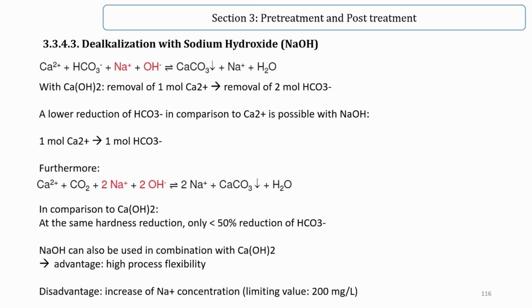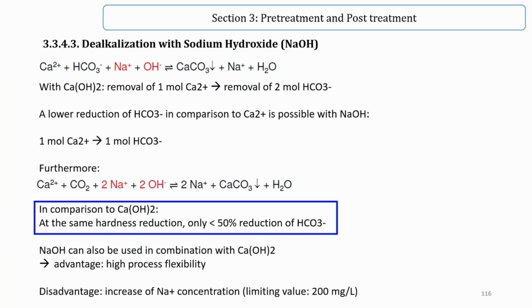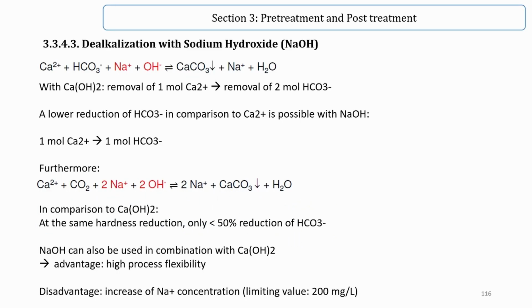Dealkalization with sodium hydroxide. As you can see in this equilibrium, the products of dealkalization with sodium hydroxide are calcium carbonate, sodium, and water. In comparison with calcium hydroxide, at the same hardness reduction, only less than 50% reduction of bicarbonate can be achieved.